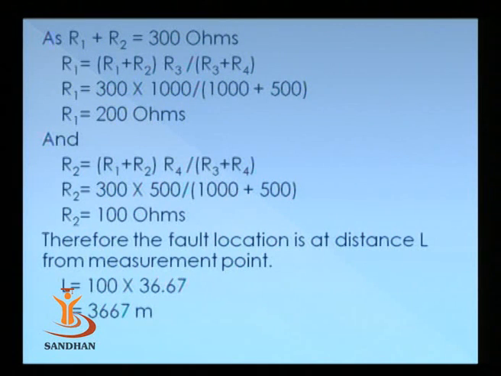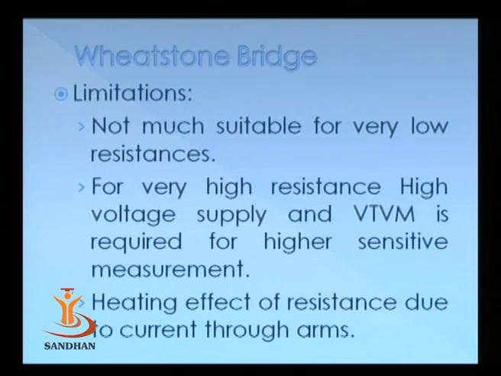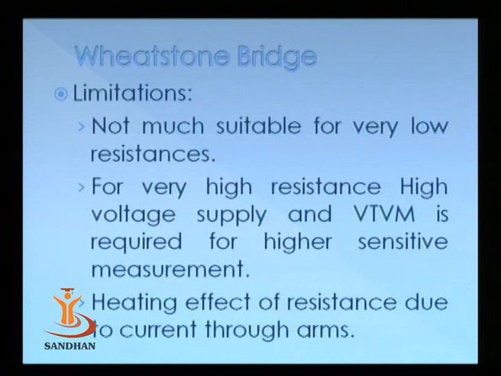Finding the location of the short circuit: the resistance in ohms multiplied by the distance per ohm, that is 100 ohms multiplied by 36.67 meters, gives you the distance where the short circuit has occurred, that is 3667 meters. So this is how we can find a short circuit, and this is the earliest method of finding at which location there is a short circuit. In that case, this can be helpful.